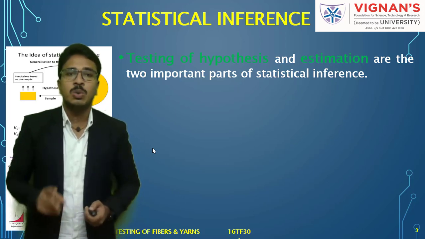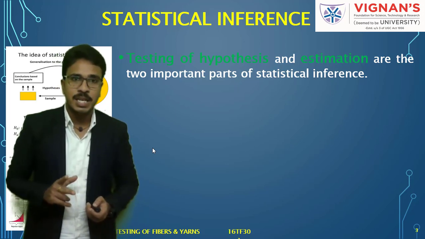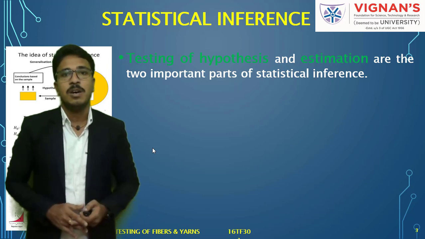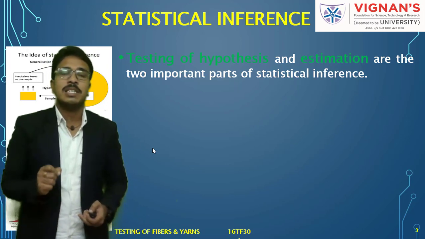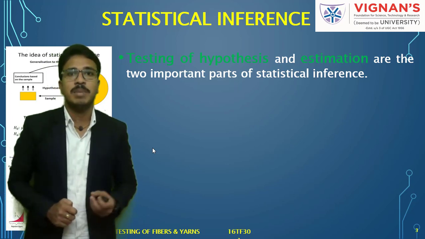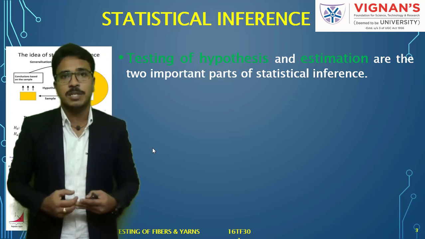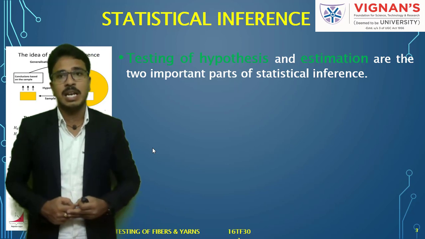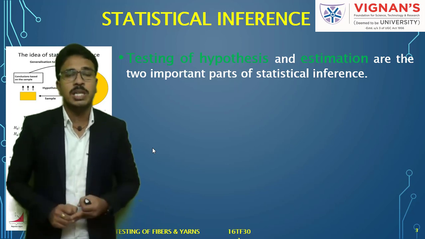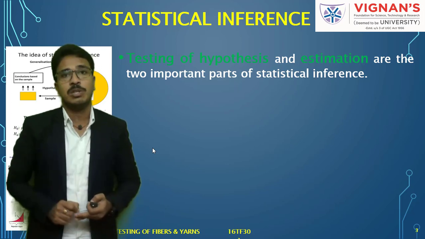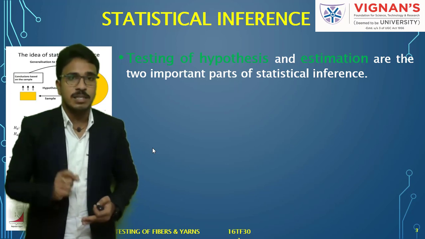There are two ways we can give this inference: one is testing of hypothesis, which is nothing but the significance test, and the other is estimation, which we have already discussed in the last class. These are the two important parts of statistical inference.